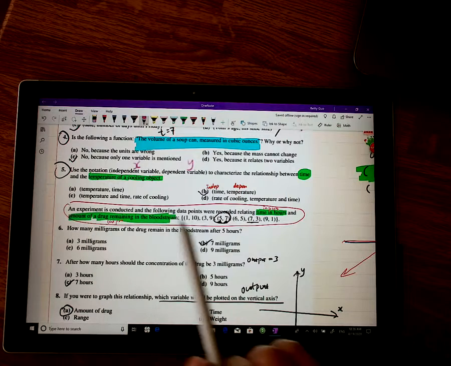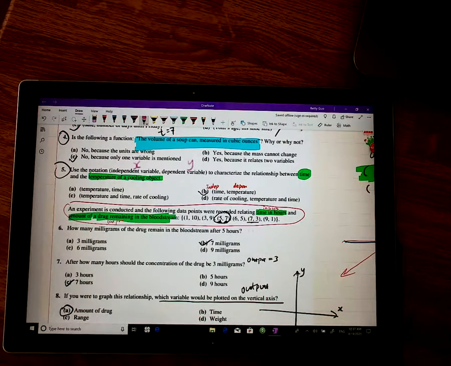Okay, so we have the information here. An experiment is conducted and the following data points were recorded relating time in hours and amount of a drug remaining in the bloodstream.